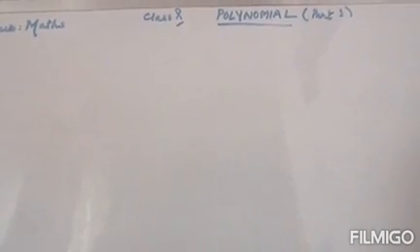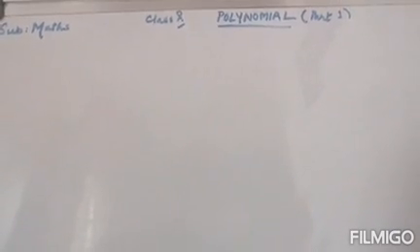Now let us find out what the relationship is between the coefficients and the zeros of polynomial. For a linear polynomial, which has degree 1, we have only 1 zero of polynomial, but in case of a quadratic polynomial we have 2 values of x for which we get the value of the polynomial as 0, right?